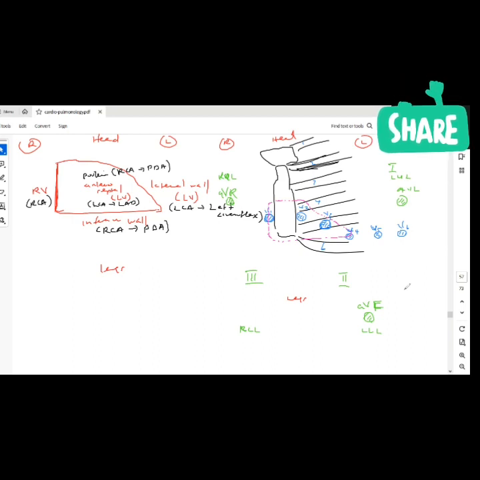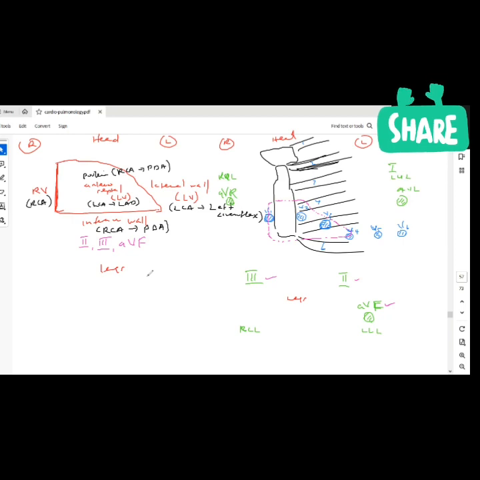If I ask you which leads are directly looking at the inferior wall of the heart based on their positioning? Leads 2 and 3, and remember AVF on the left leg as well. So 2, 3, AVF: inferior wall leads, or inferior leads.